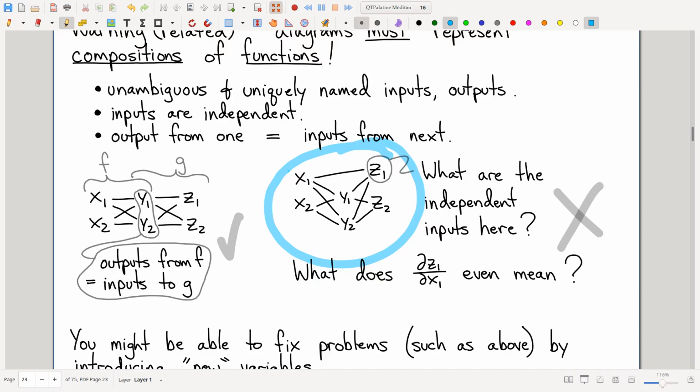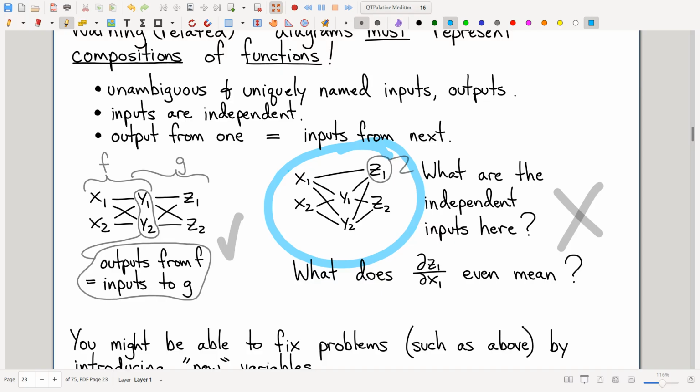There's a list of requirements here, right? But are there functions f and g with unambiguously and uniquely named inputs and outputs such that the outputs from the second one are the inputs from the first one that produce a diagram exactly like this? No, you can't do it.